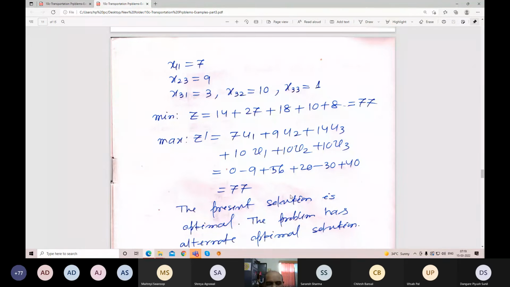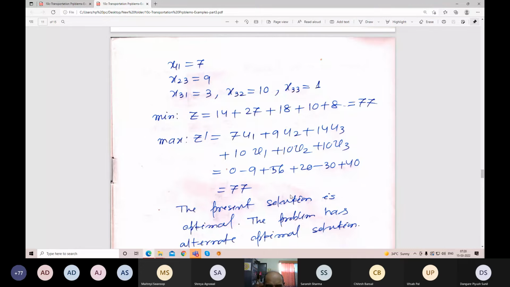After finding the phase 1 solution, check that it has exactly m plus n minus 1 positive variables. If it has exactly m plus n minus 1 positive variables, meaning they are all non-zero, then it is possible to apply. Otherwise, it is not possible.